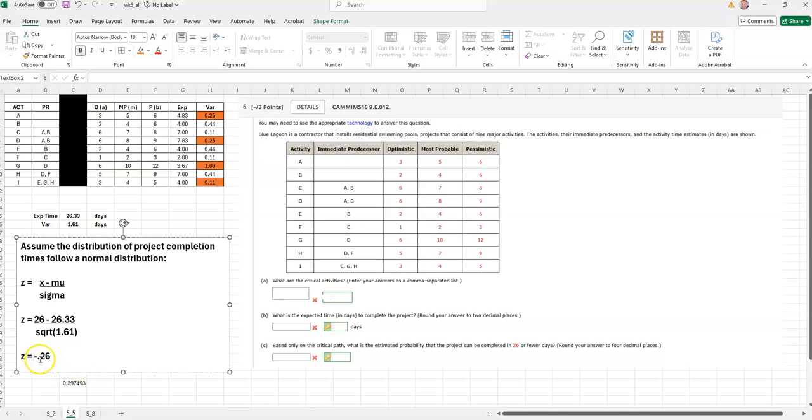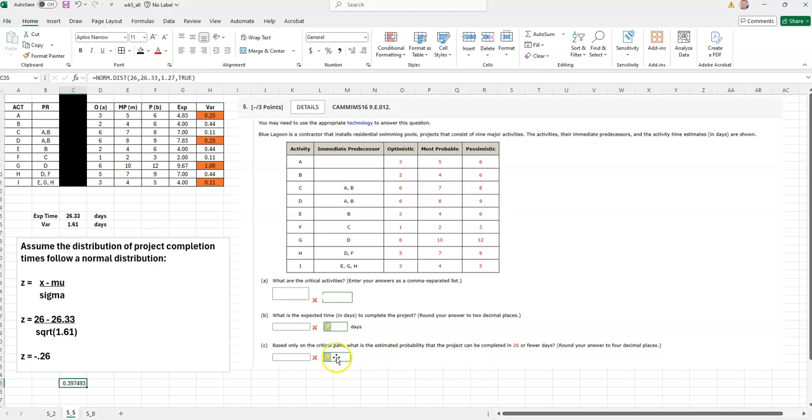of area to the left of that, or you can use the normal dot distribution function built into Excel. All you need to do is feed it the x value, the mean, and in this case the standard deviation, which at 1.27 is the square root of 1.61, and then if you say true, it's going to give you the amount of area to the left of negative 0.26 in the standard normal distribution, and that's about 39%.